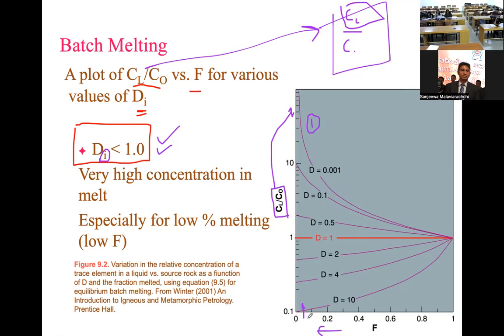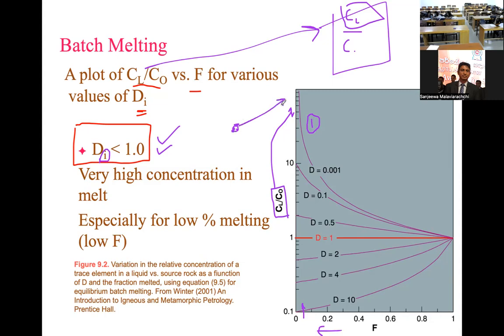For a low degree of melting, that particular element will be concentrated in the produced liquid in a very large amount. So even if you produce a very tiny drop of melt, a very low degree of melting means you are producing only a few drops of melt. The fraction is 0.05 or something, a very little amount. But you see, in this very little melt, the concentration is very high.